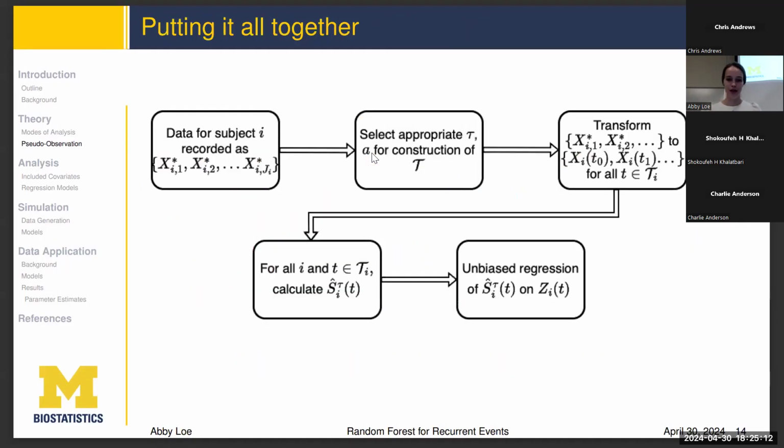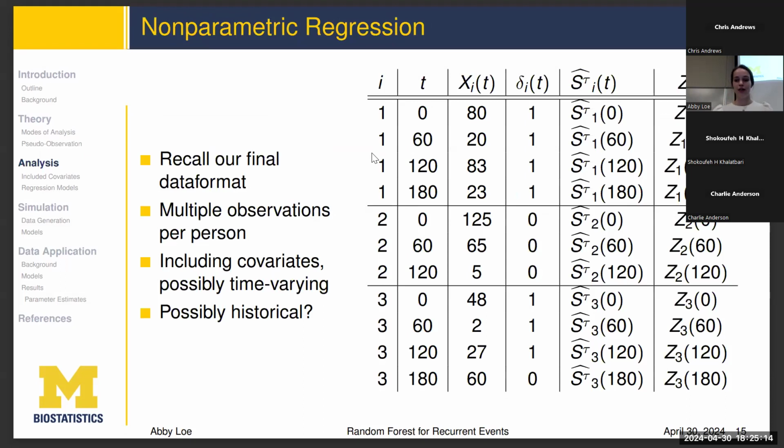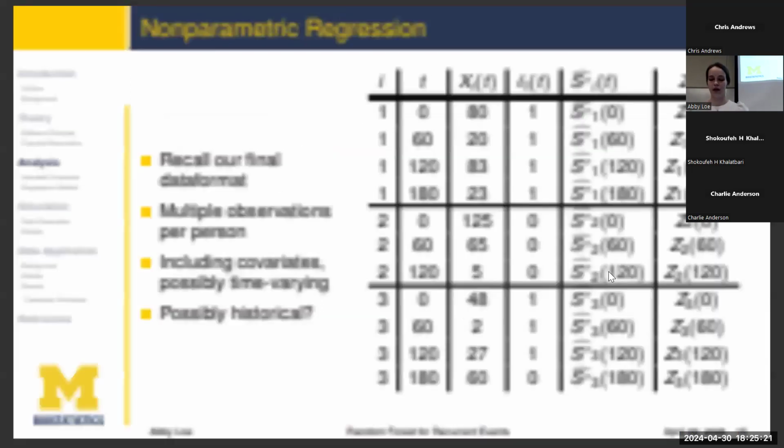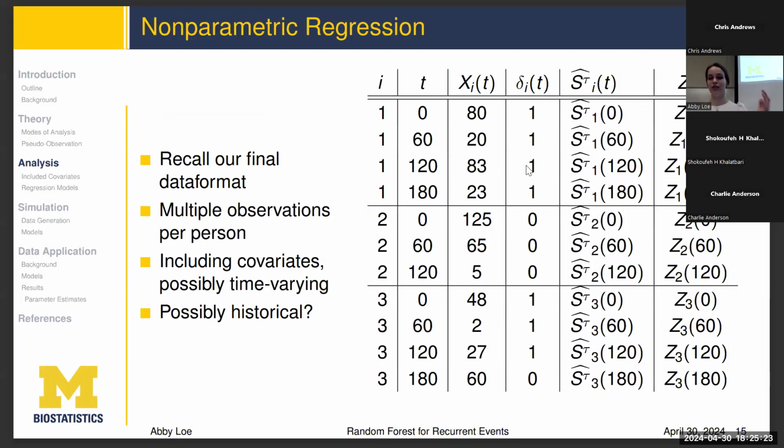Okay. So we want to be able to do this unbiased regression of our pseudo observations on our covariates. What we have are longitudinal measures on a patient. So we had the left 4 columns. We didn't have these pseudo observations until the past few slides.